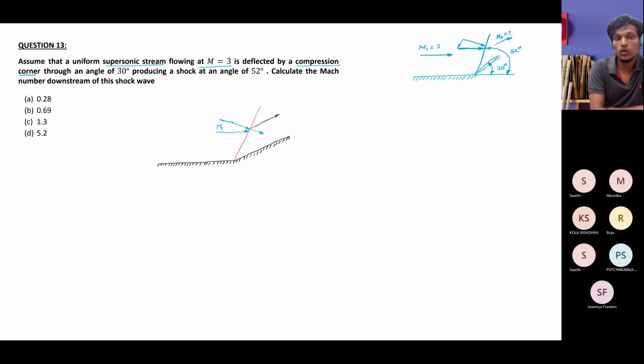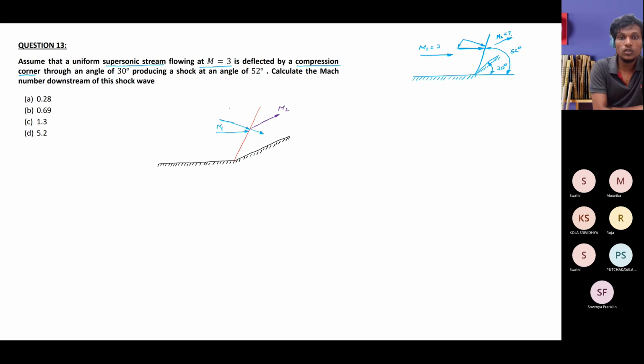Here it is following the solid object horizontally, and here also it should follow this particular wall. So our flow also travels in this particular way, and using trigonometry we can calculate this particular value. The target is to find out this M2 value.